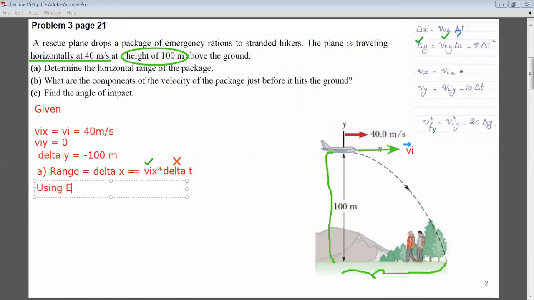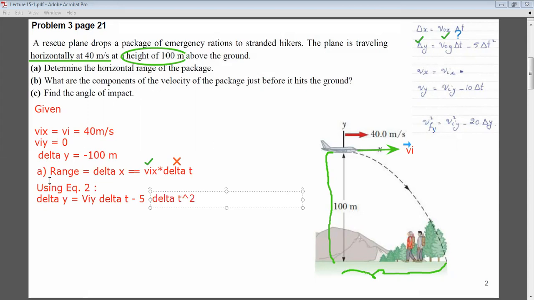So using equation 2, delta y equals v initial y delta t minus 5 delta t squared.